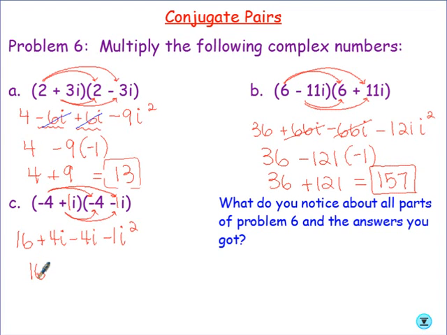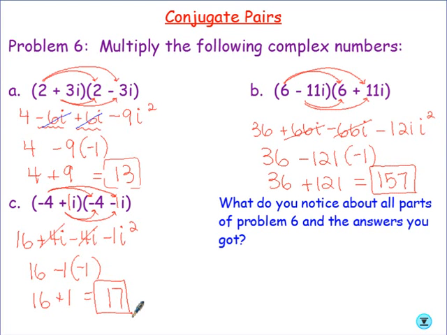Keep the 16. Positive 4i and negative 4i cancel. We like the negative 1, but the i squared, we change to times negative 1. Keep 16. Negative 1 times negative 1 is positive 1. And 16 plus 1 is 17.